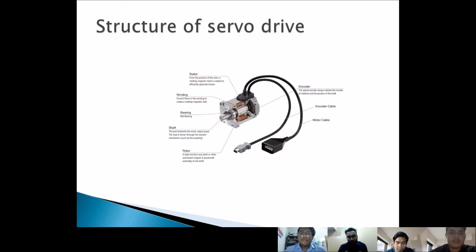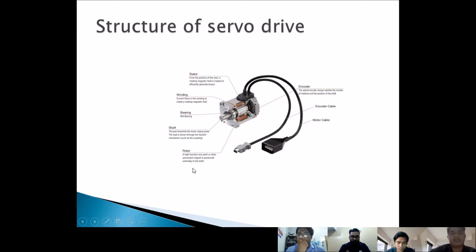Next, the winding. Winding is where current flows to create a rotating magnetic field. Next, there are the bearing and then the shaft. This part transmits the motor output power, and the load is driven through the transfer mechanism such as the coupling.